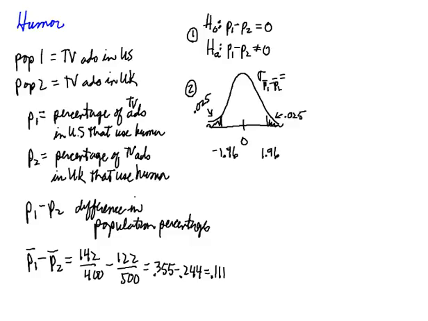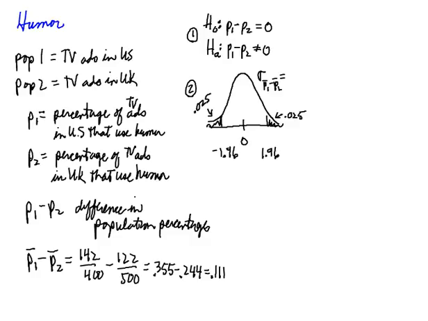So I have 2 samples, and basically the idea is just to go ahead and average those 2 samples. But the samples have different weight in the sense that the sample from the United States is only a sample of 400, whereas from the United Kingdom it's 500.